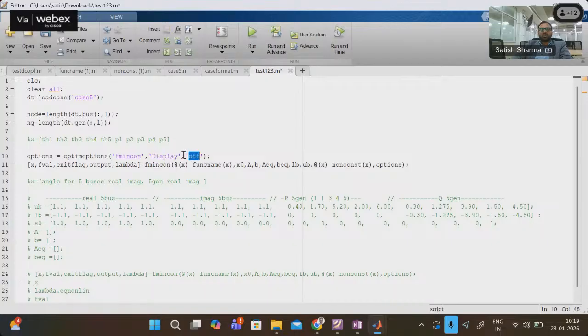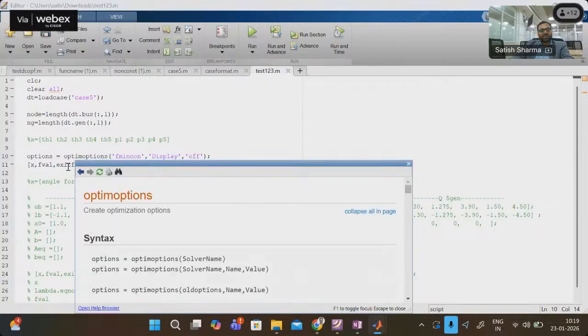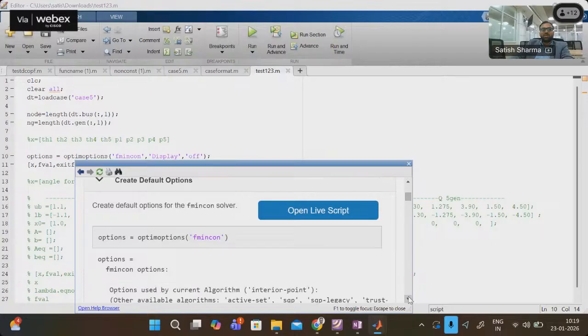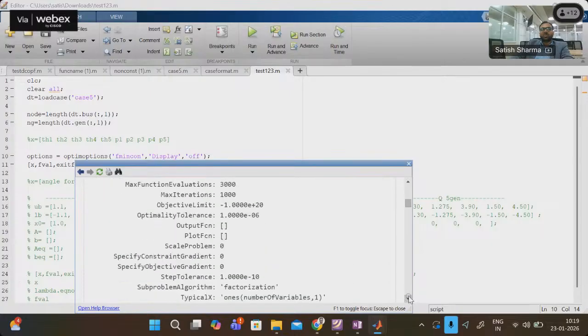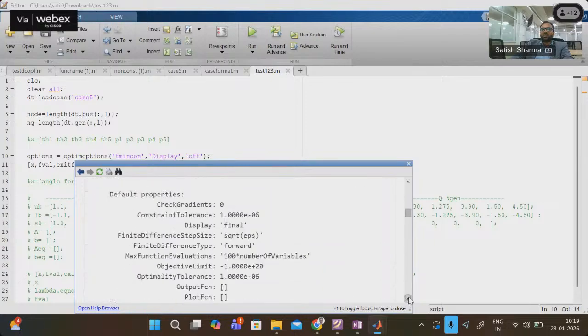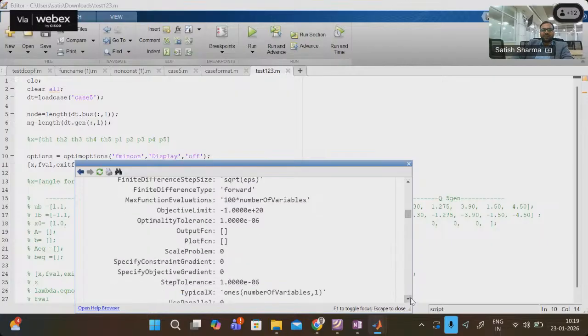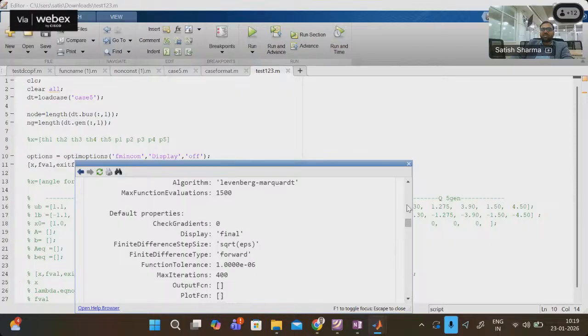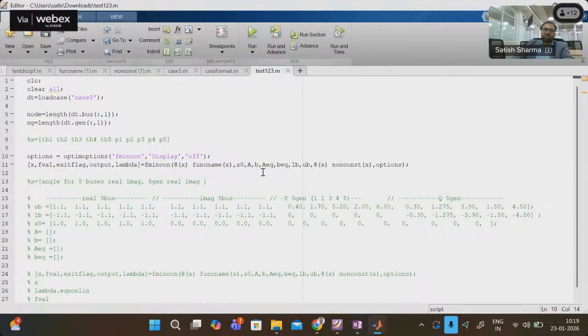If you click on this particular button and press F1, you will see the entire help file showing what options are available and how we can set them, what their default values are, the number of iterations, tolerance and so on. For example, the constraint tolerance default is 10 to the power -6. You can increase or decrease these, and similarly other values can be changed if you want to. Otherwise, you don't have to provide anything.